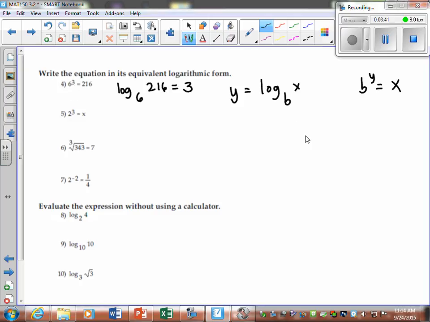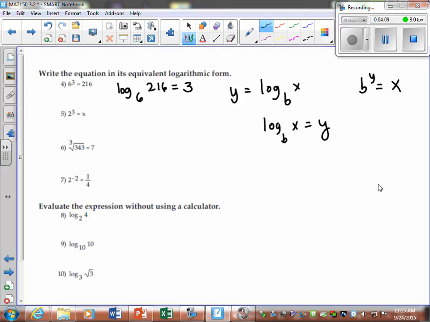The 3 is the exponent, so 3 is the y, so equals 3. Also, if it's confusing you, remember it doesn't matter if I say equals y on this side or equals y on this side. These two are equivalent statements. However you prefer to view that, it's up to you. If it makes you more comfortable to have it in this form, you can do that.